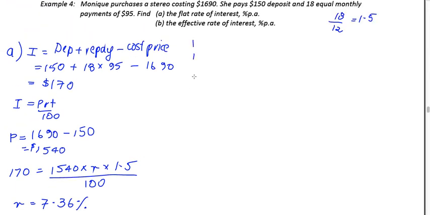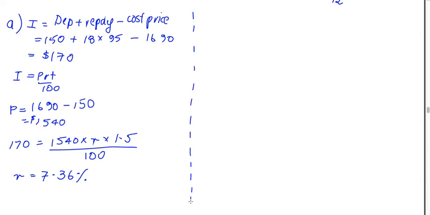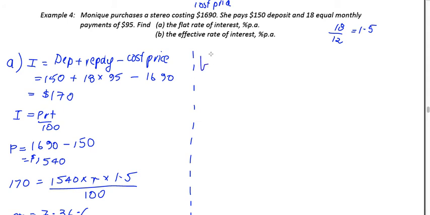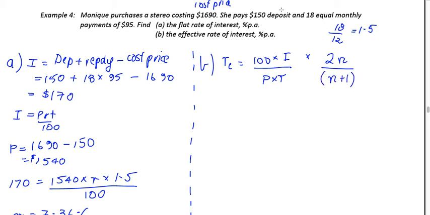Let's compare that now to the effective rate. So the effective rate is equal to 100 times the interest over P times T, multiplied by 2 times the number of payments over number of repayments plus 1.